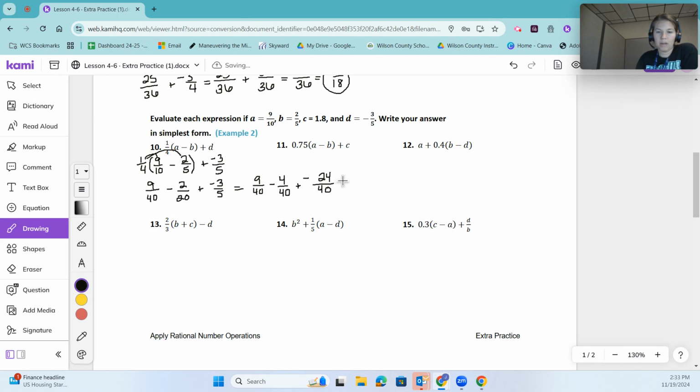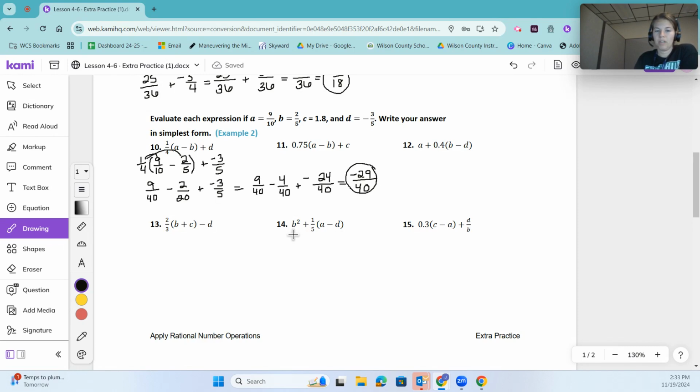My denominators stay the same at 40, and then 9 minus 4 is 5, plus negative 24 is negative 29/40.